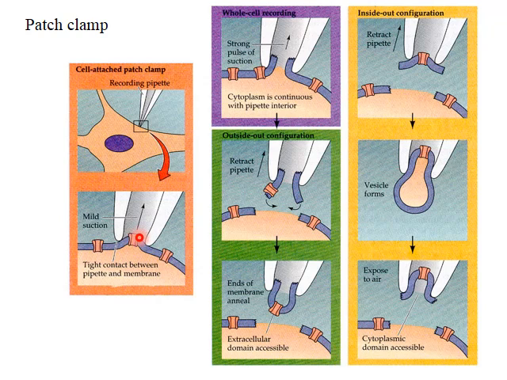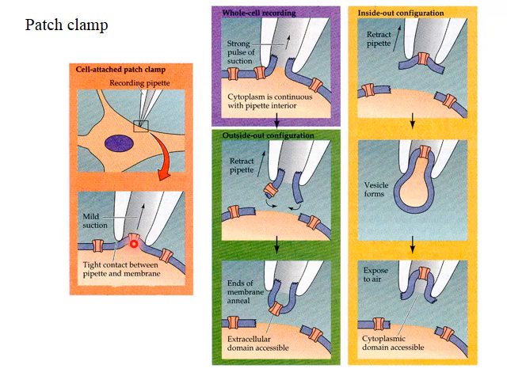This is called the cell attached patch clamp configuration, and in this configuration we can measure current flowing through individual channels that are within this membrane patch attached to the tip of the electrode.